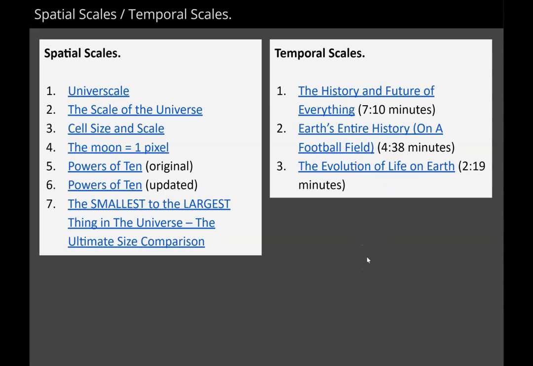Fascinating stuff. So please click around here a little bit and check out some of these videos, and especially some of these animations that let you zoom in into subatomic particles, and then zoom back out to the scale of galaxies. It's a fascinating experience. So check those out.